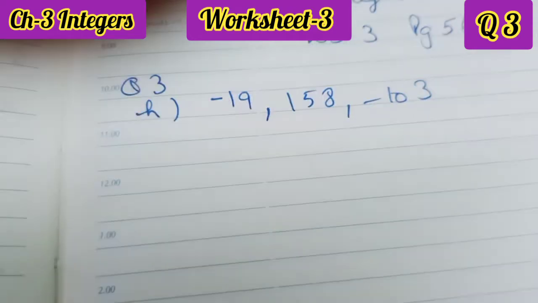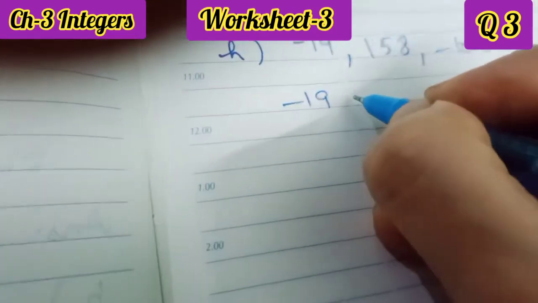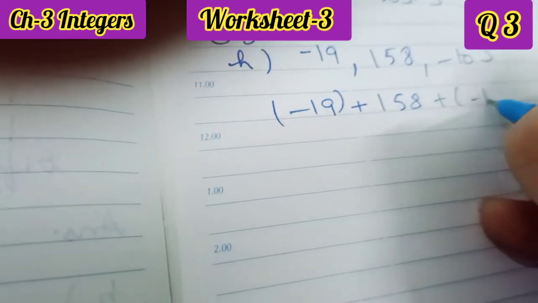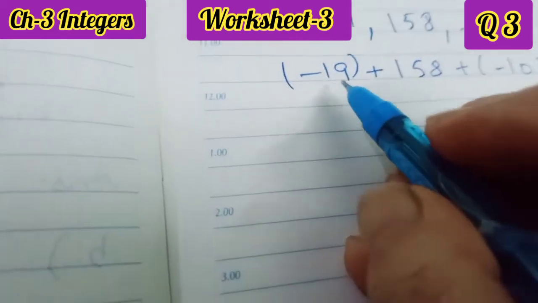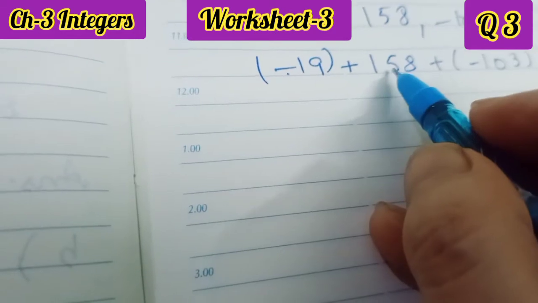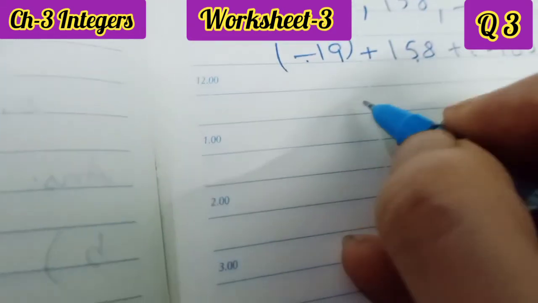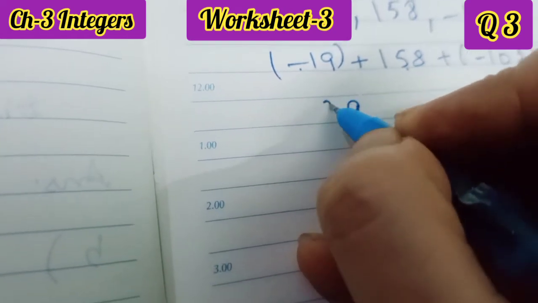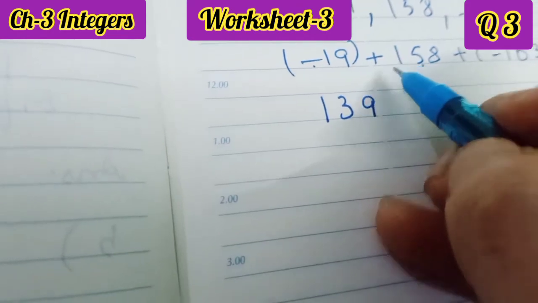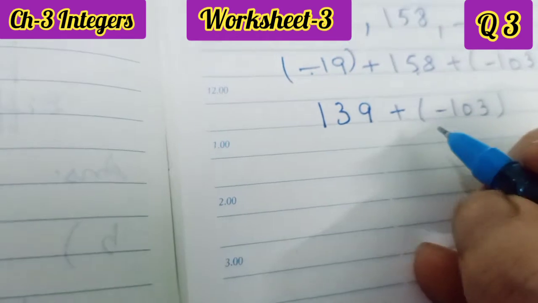Now in part H also we have to find the addition of these numbers. First of all, write these numbers and take 2 numbers first. We are taking these numbers, one negative and one positive, so we find the difference. 158 minus 19 is 139, and the greater number is of positive sign, so put it as positive, plus 1 minus 103.